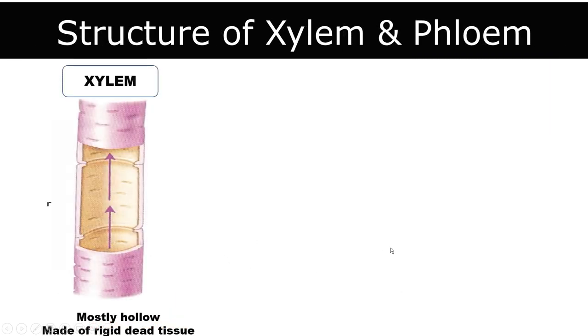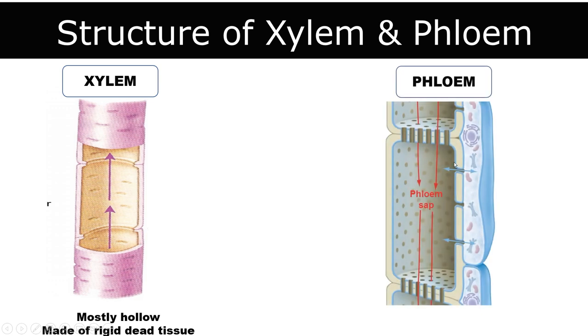So when we're looking at the structure of xylem and phloem, not only do they transport different materials, but structurally they're very different. So whereas xylem is mostly hollow, rigid, dead tissue, phloem, on the other hand, has a lot more components. These are going to look different in cross sections. So where xylem is hollow, rigid, dead tissue, phloem is living tissue with a lot more components. So phloem has three different parts.